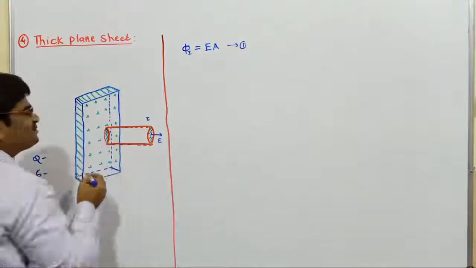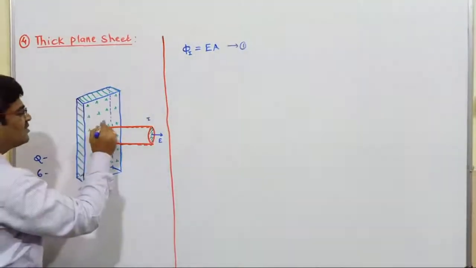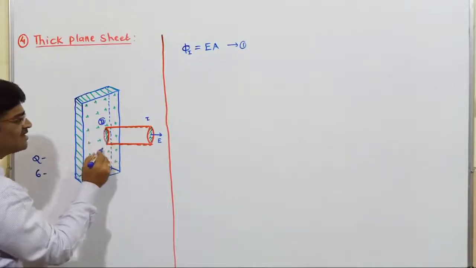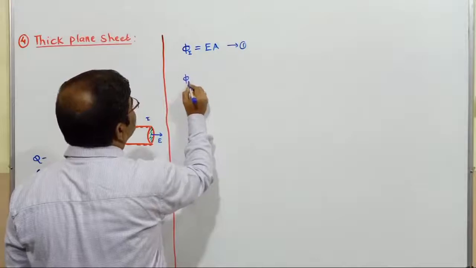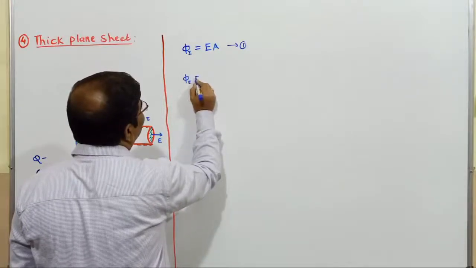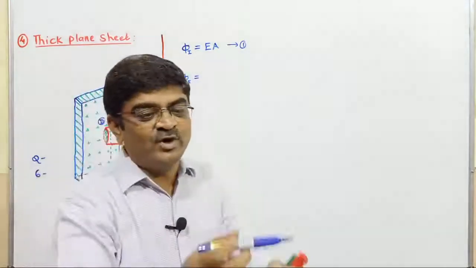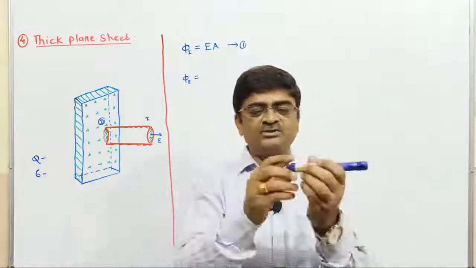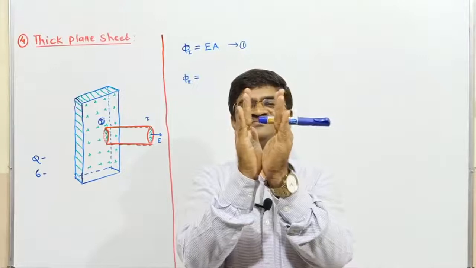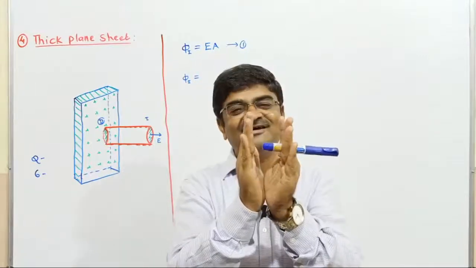Now I will go to the second portion of the Gaussian, I mean circular cross section. Flux through the second portion of the Gaussian. And understand students, where is your second portion? You got it like this, inside the conductor.